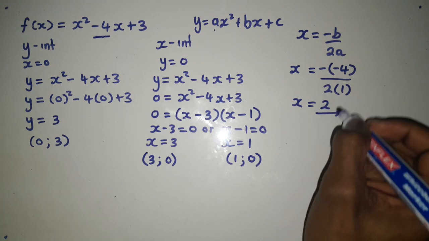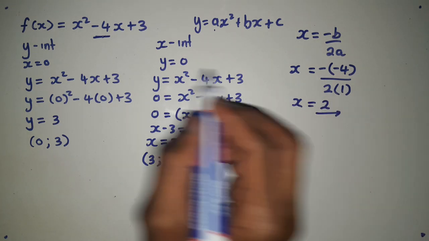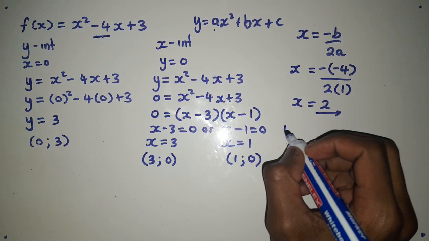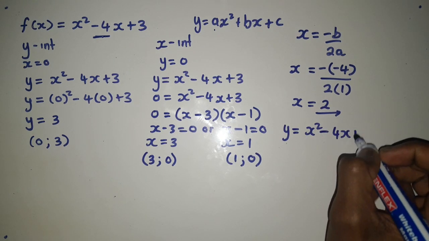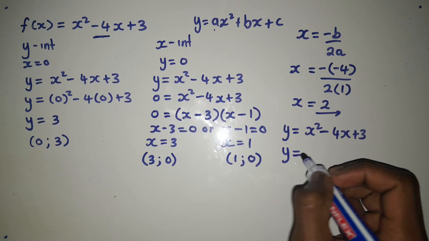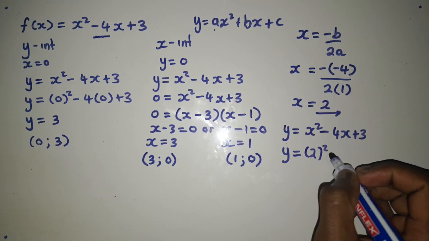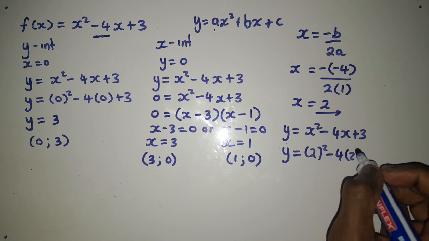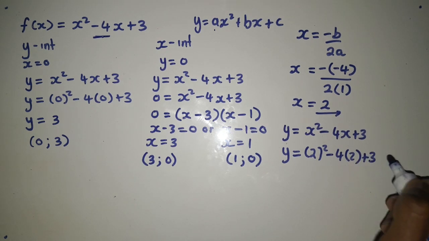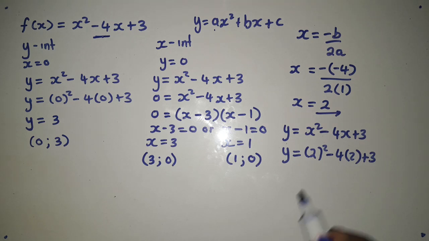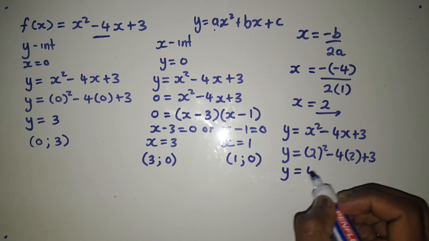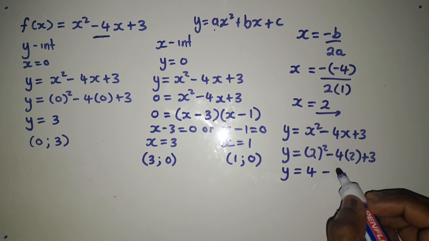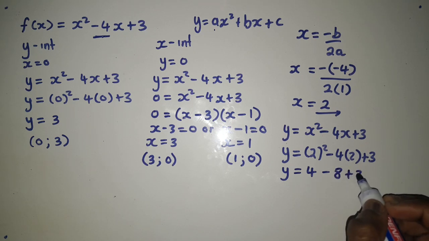You can take this value and substitute it into your original formula, which is y equals x squared minus 4x plus 3. Let us substitute 2 squared minus 4(2) plus 3. Do you understand? 2 squared is 4, minus 2 times 4 gives 8, plus 3.